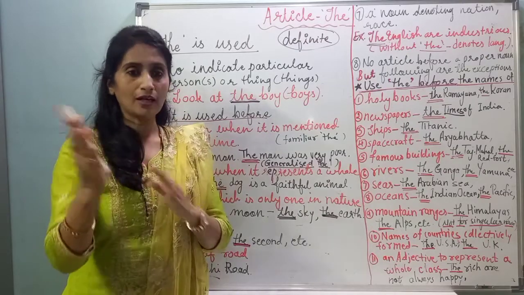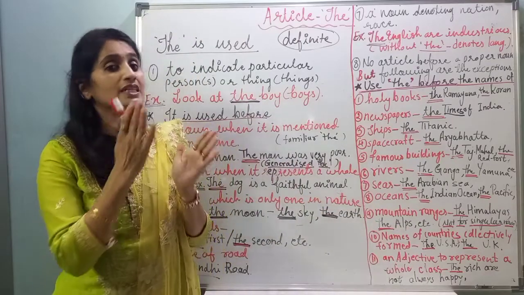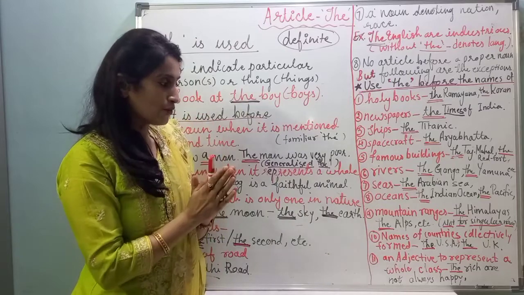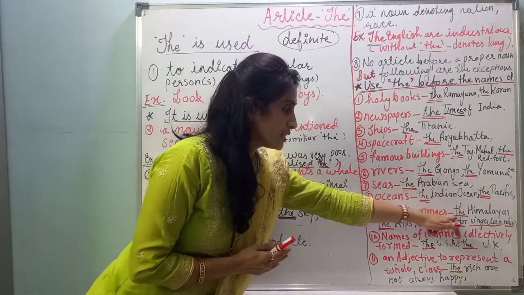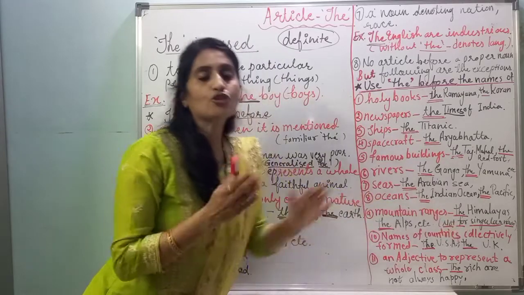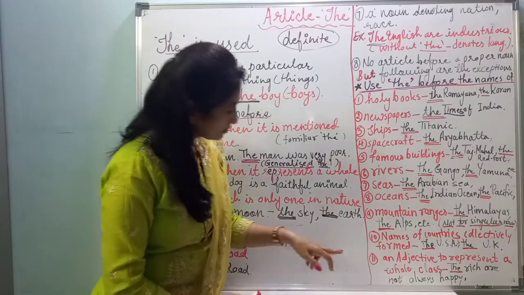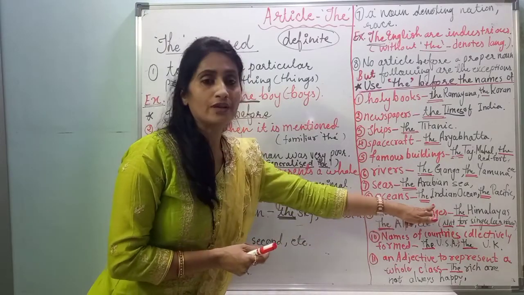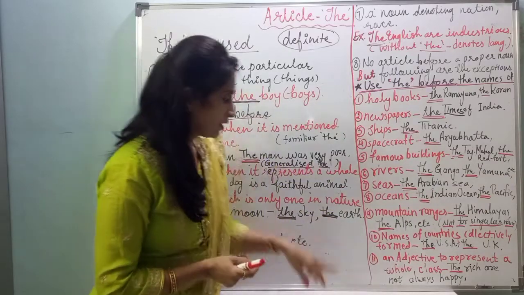Say the Himalayas, the Alps. Don't say the Alp. Okay, it is the Alps. So, is this clear? Before the mountain ranges, you should make use of the article the. It should not be a singular noun. Fine then. Okay, it is the, here we are talking about mountain ranges. Not only one mountain. Fine.